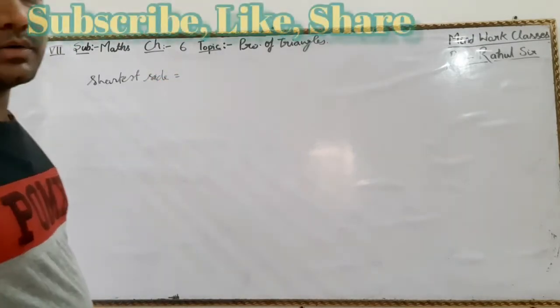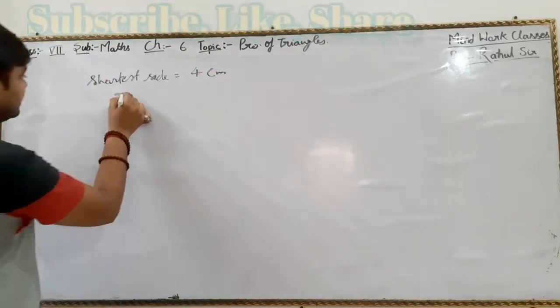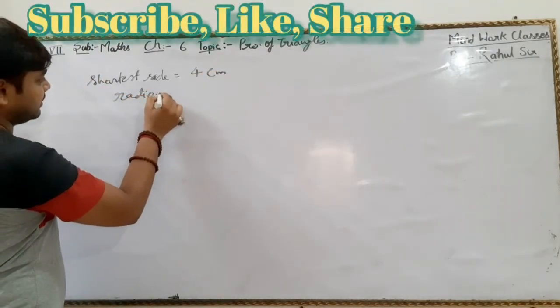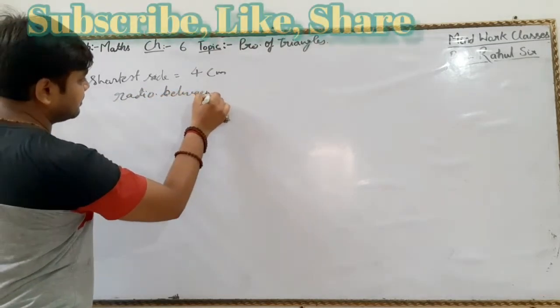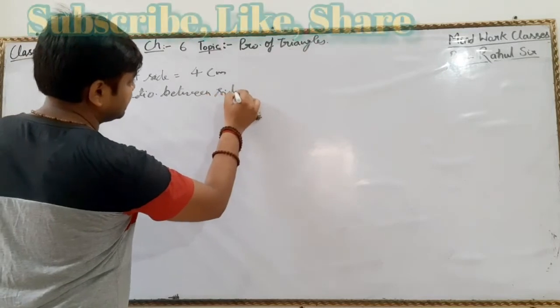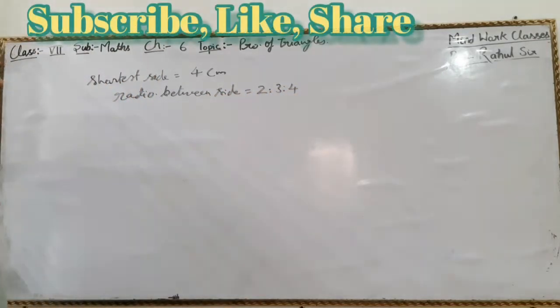Shortest side is equal to 4 centimeters. Ratio between sides is given 2:3:4.